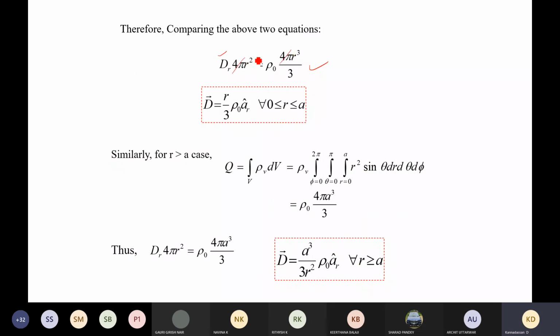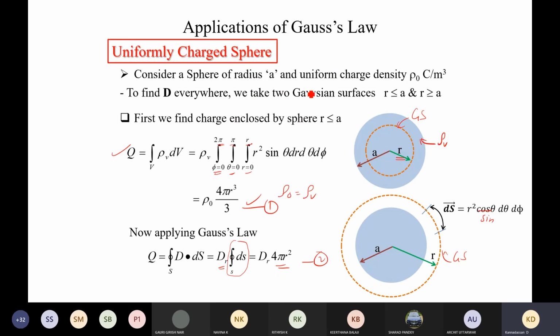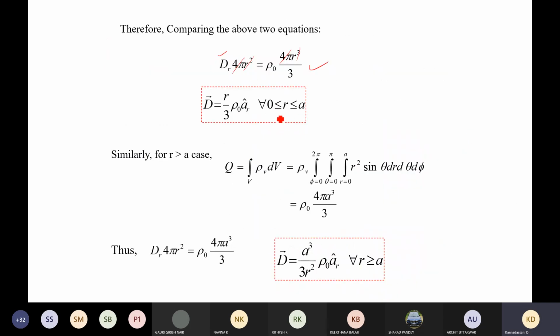The 4 pi r square will cancel, so you will get r by 3 rho naught, in the r vector direction. So this r vector component alone is going to be available, and this expression is solely applicable from 0 to a only. Within that only it is applicable. Outside that it is not applicable.